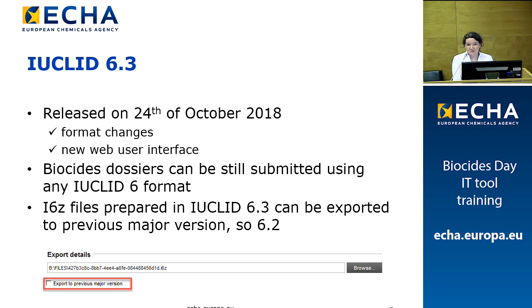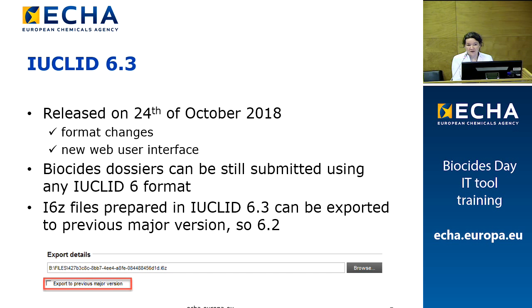Biocides dossier can be, of course, submitted still using 6.1, 6.2, but of course we highly recommend you to install the new version as soon as possible, because this is improved version.